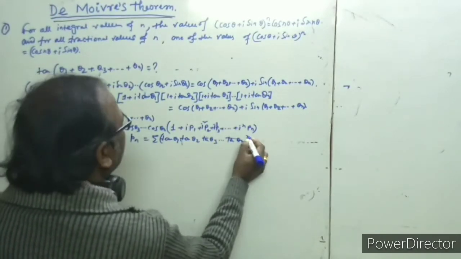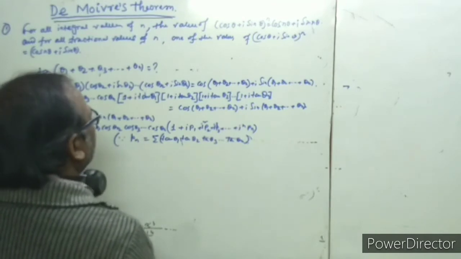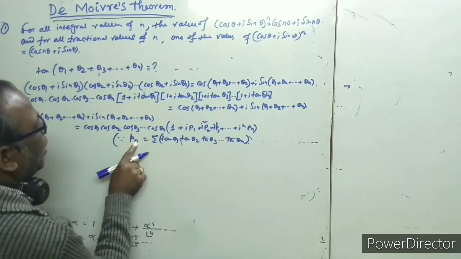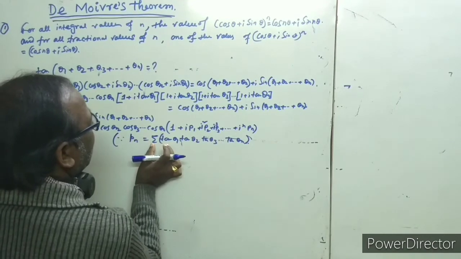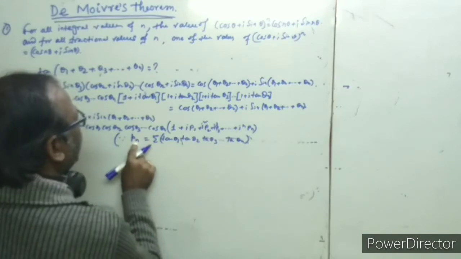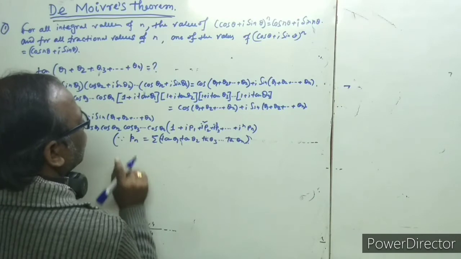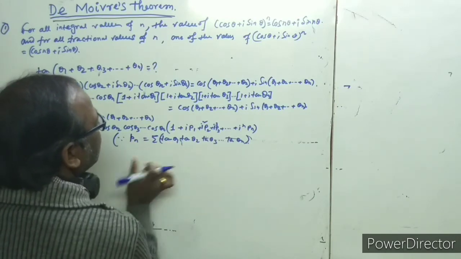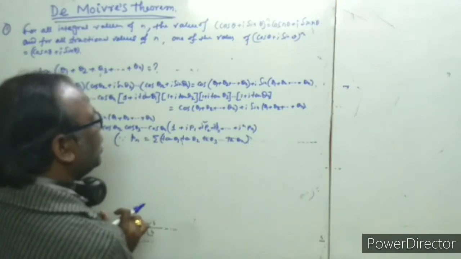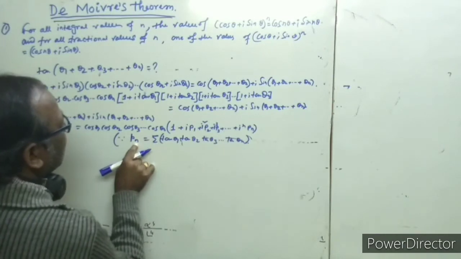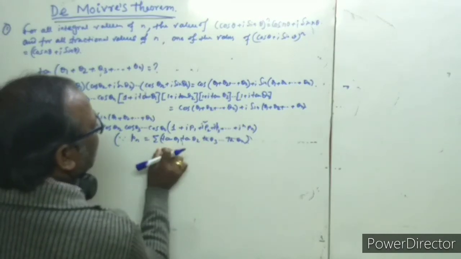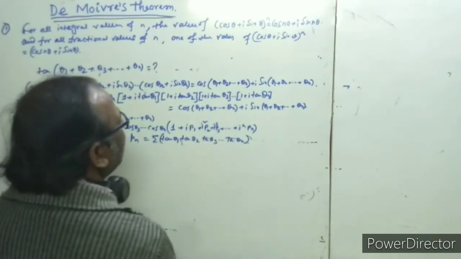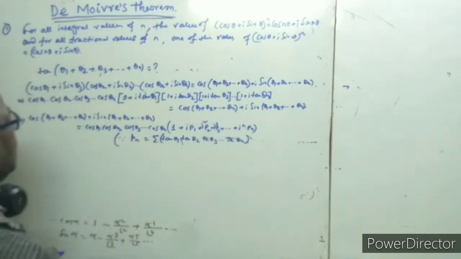If p1 is 1, then this summation is tan theta 1. If this is p2, then the product is the summation of tan theta 1, tan theta 2. If it is p3, then the product of three, tan theta 1, tan theta 2, tan theta 3. Okay, like this.